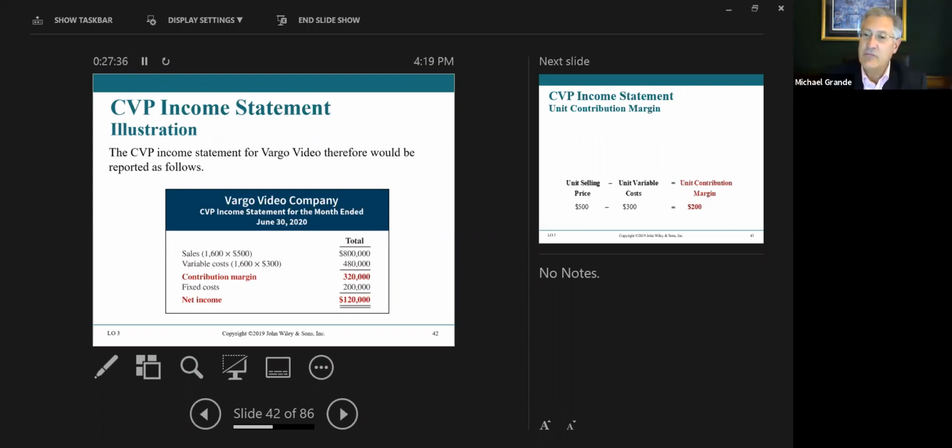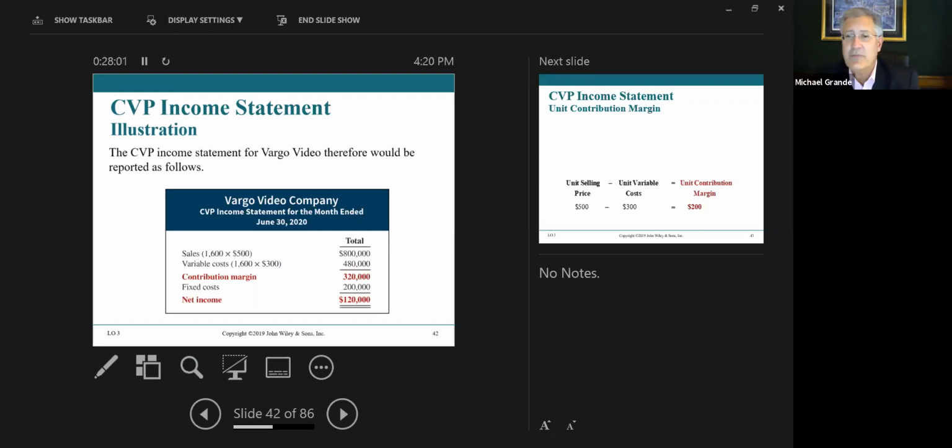So sales revenue, let's remember, is quantity times price. The quantity is 1,600 units. The sales price per unit is $500. The variable cost per unit: if we're going to sell 1,600 units, our variable costs also need to be based on the same 1,600 units. The variable cost per unit is $300.